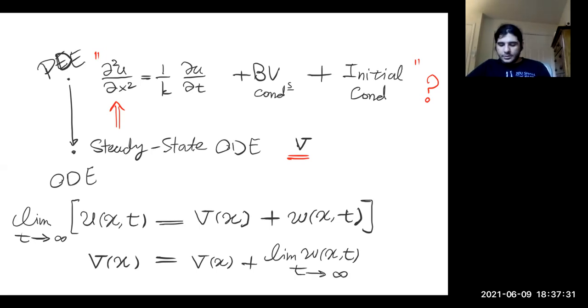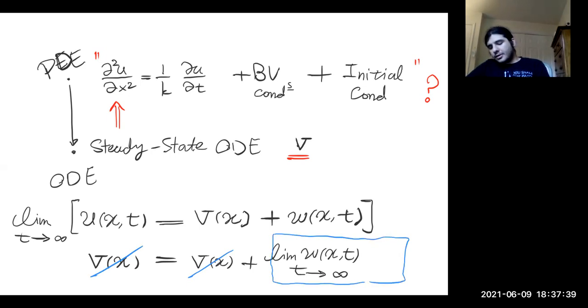Of course, these two terms cancel each other, so we can see this function w of x and t goes to 0 when t goes to infinity. However, when t is not going to infinity, when t is some smaller number, this is non-zero, but hopefully it's smaller and more manageable.